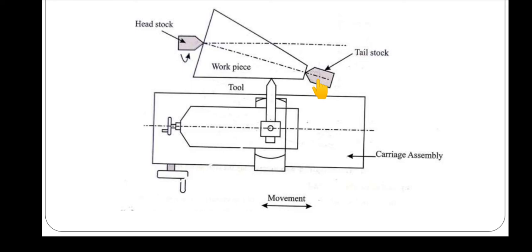This makes the workpiece shifted at one end, and hence there will be an inclination with respect to the lathe axis. The tool is moved parallel to the lathe axis, but due to the inclination in the workpiece, the taper angle will be obtained. So by offsetting the tailstock, we are going to get the taper in the lathe. So this is about the operations which you perform using the lathe.